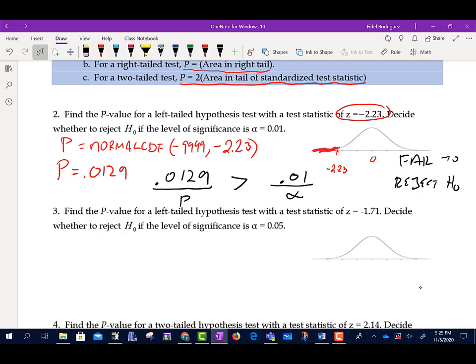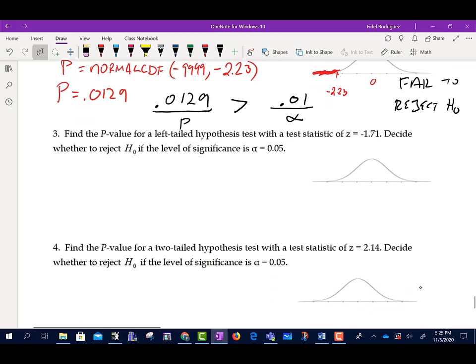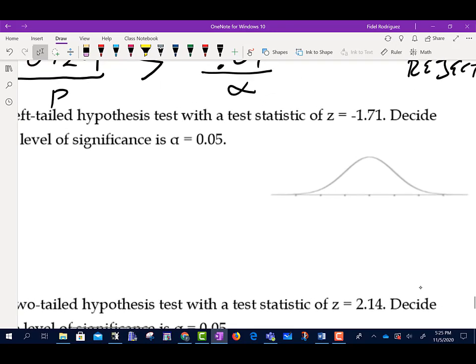All right, number 3 says, find the p-value for a left tail hypothesis test with a test statistic of z is negative 1.71. Okay, so the first thing I'm going to do is look where my z value is. Remember, this is 0. Negative 1.71 would be somewhere right about here.